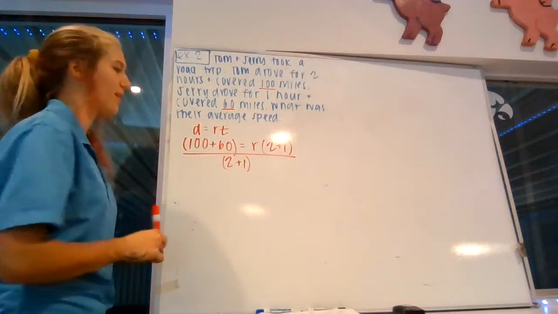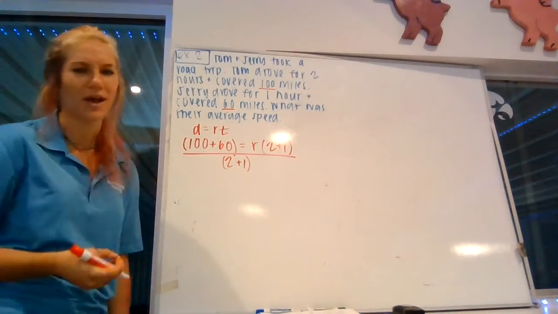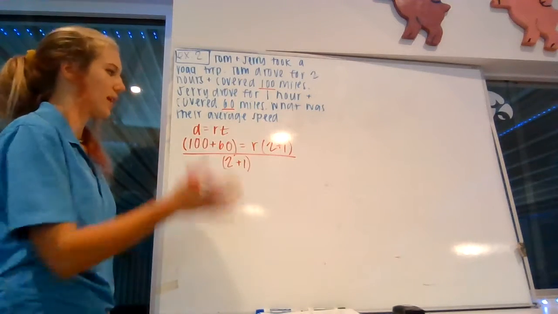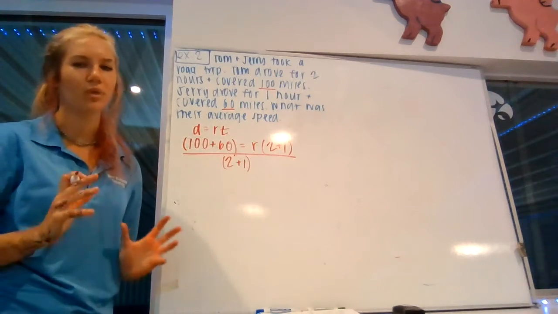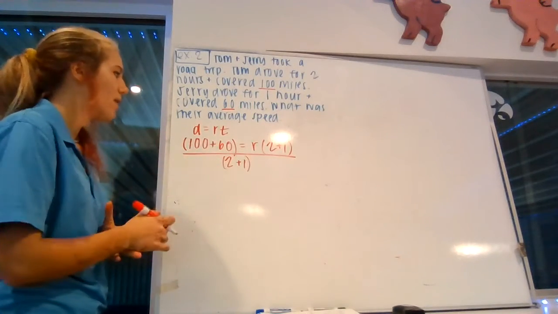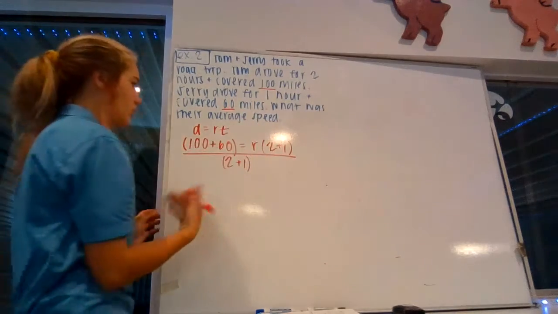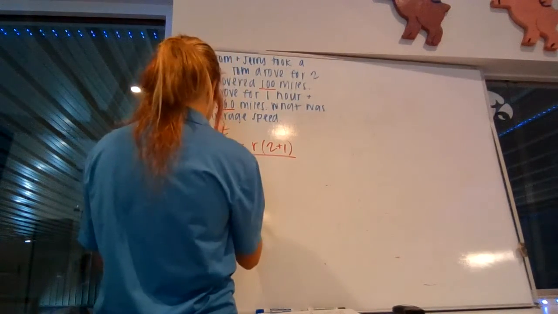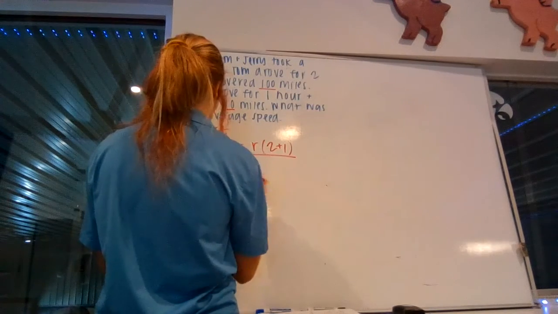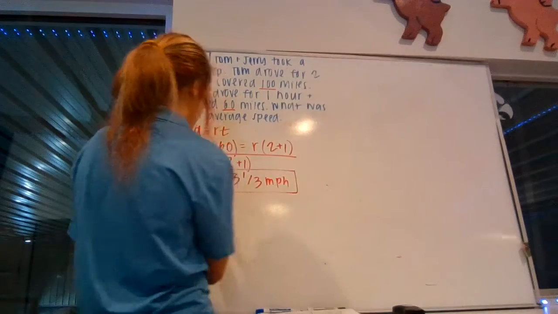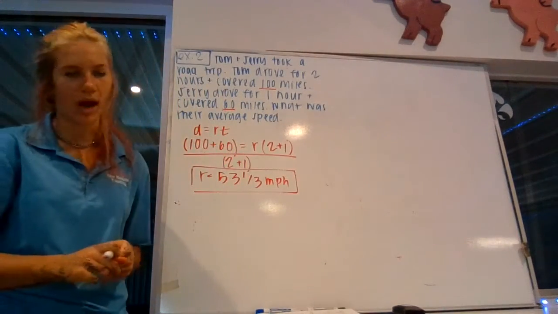I'm sure you guys don't have to do it manually or on your calculator, find what is 100 plus 60. But just for the sake of showing how you plug in each individual one into the same equation, I just wrote that out. So then divide by 2 plus 1, or 3, obviously. And their rate, once you solve that out, is going to be an average of 53 1/3 miles per hour.